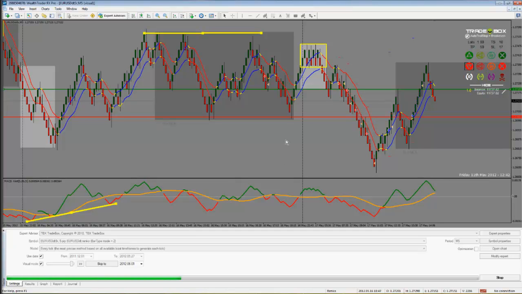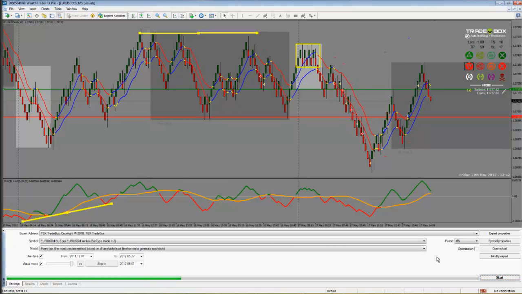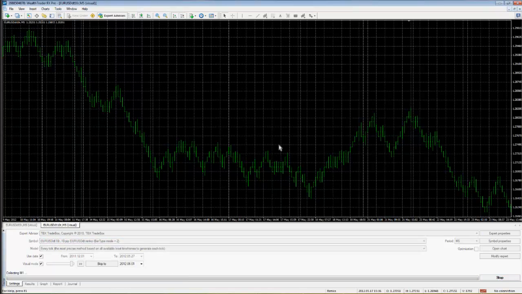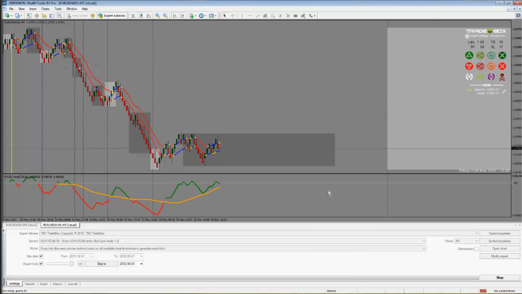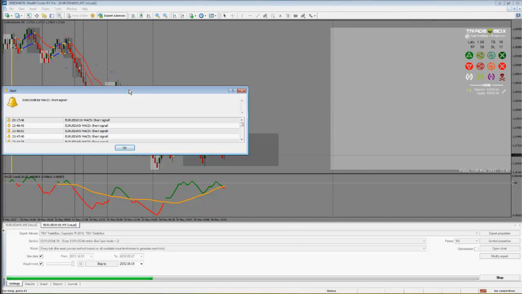I'll put up a 10 pip Renko just so you guys can see it. You're welcome, Joanne. I'm not trading this, guys. This is a 10 pip Renko, and the actual original strategy was designed on a 10 pip Renko. And you can see the same sort of movement.